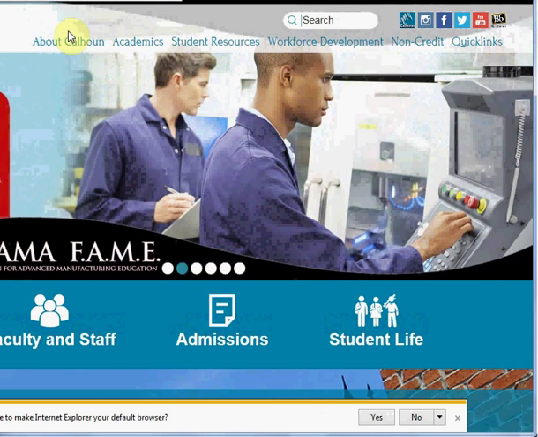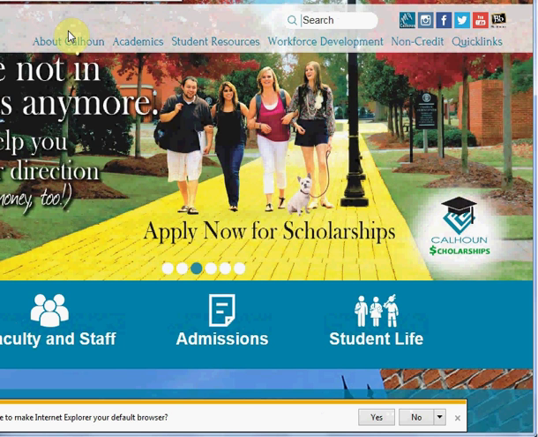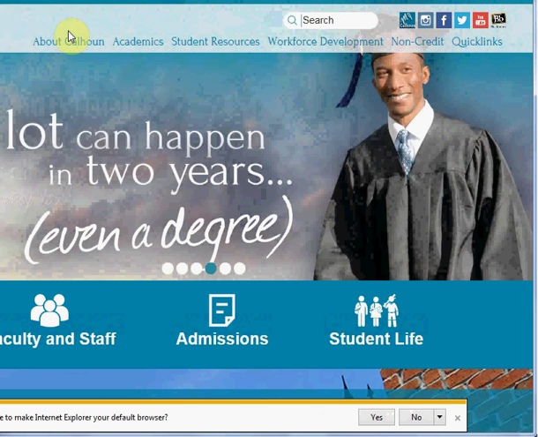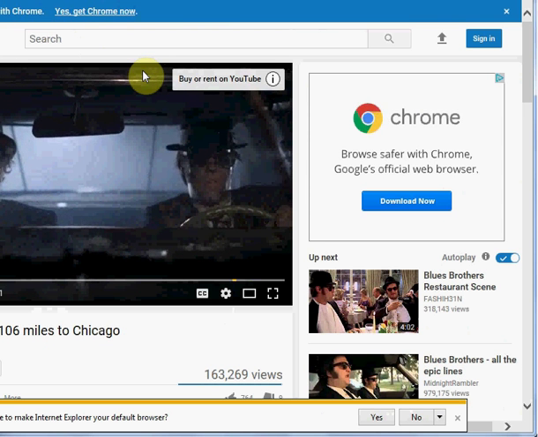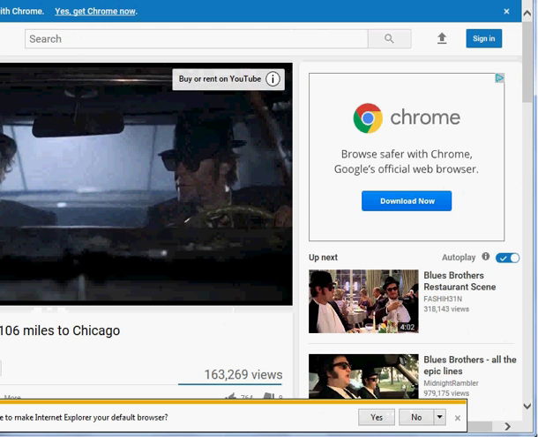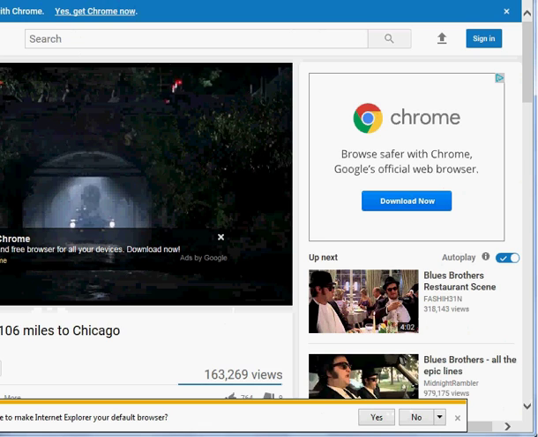Does anybody remember the Blues Brothers? That's a classic, right? Yes, you got to have everything that's needed, class, in order to go forward in this class. 106 miles from Chicago. We got a full tank of gas, half a pack of cigarettes. It's dark, and we're wearing sunglasses.